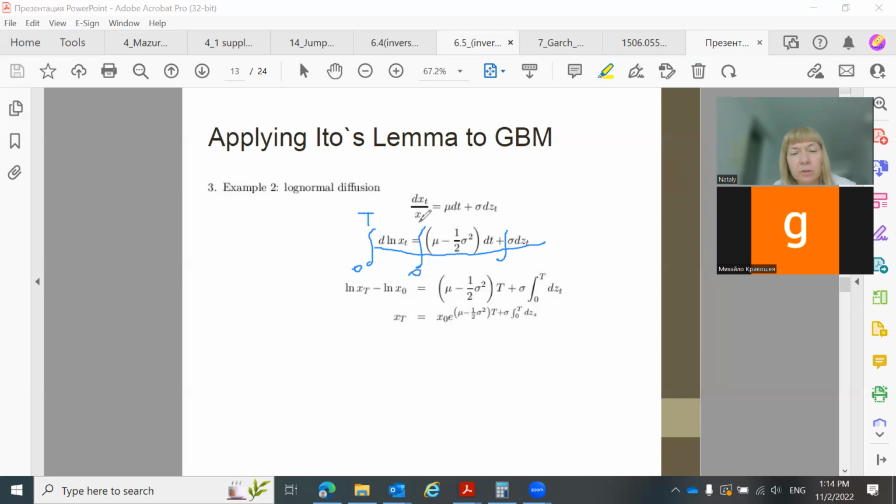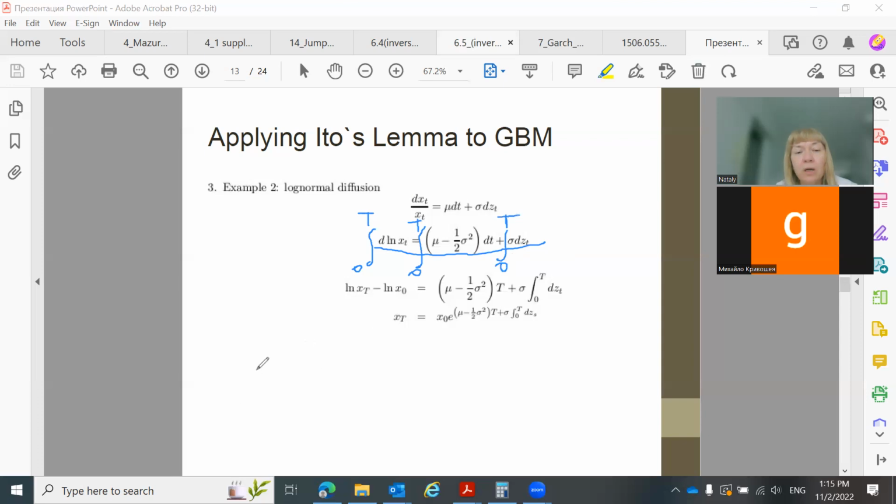The integral of d ln xt is just ln xt, and after that we substitute t capital, so it will be ln xt minus ln x0.